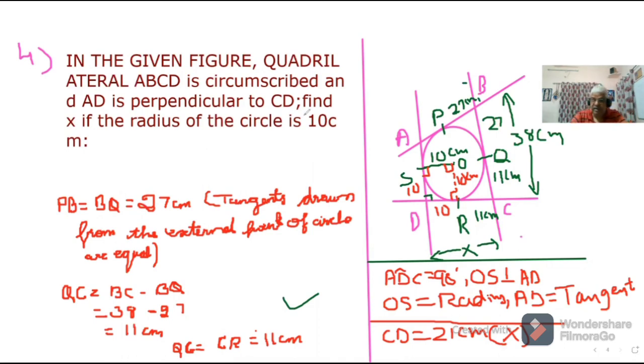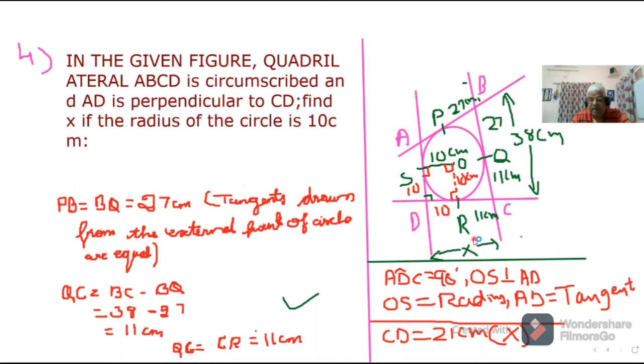Very, very important sum for ICSE 10. Now observe, my dear children, here they have given the measurement PB. PB measurement is 27 centimeter, and this BC measurement 38 centimeter, and radius of the circle is 10 centimeter. With this, we have to find the value of x they ask.